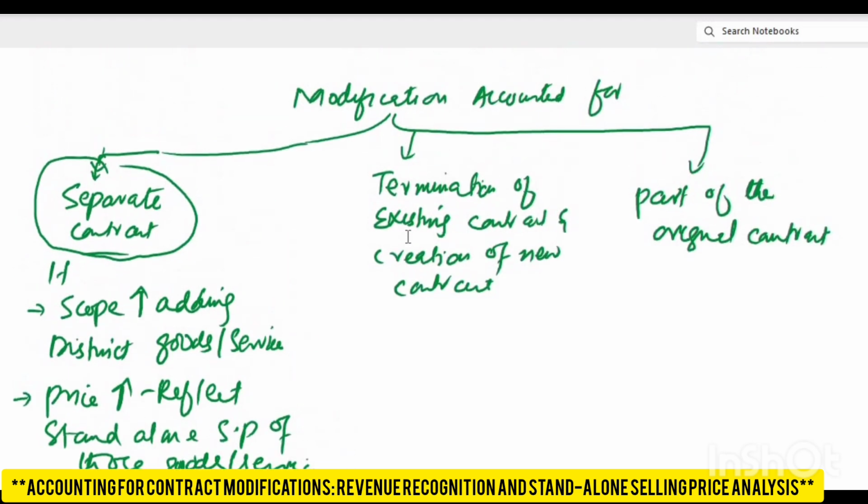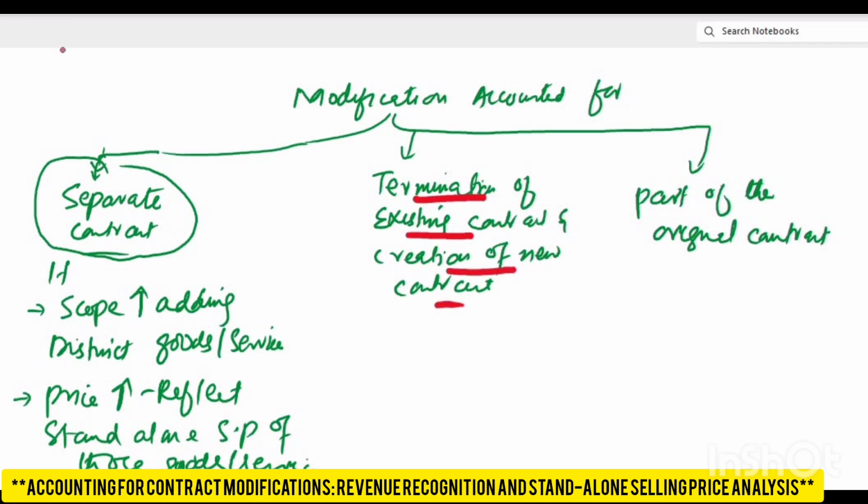Now what if, let me change the color here. This is called termination of the existing contract and creation of a new contract.